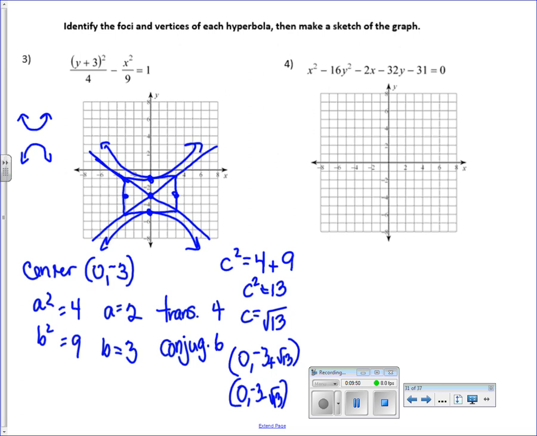So remember, if you want your step-by-step process, remember we're going to separate your terms. So x's go with x's, and y's go with y's. So we're going to run out of room to write, but oh well. So we're going to have x squared minus 2x, and then minus 16y squared minus 32y.